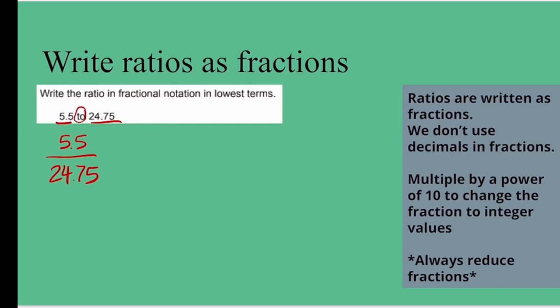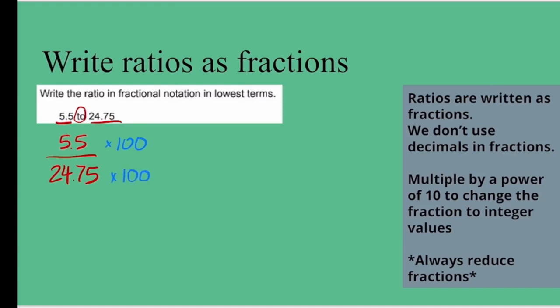So a trick is to multiply by a power of 10 to change the fraction to integer values. So what I'm going to do is multiply the top and the bottom by 100.